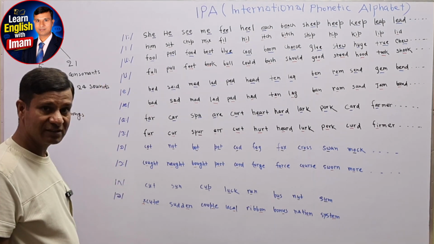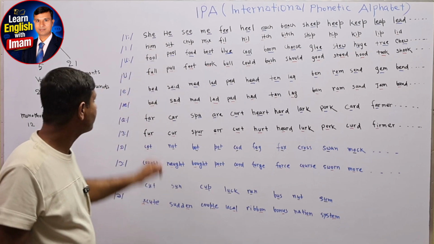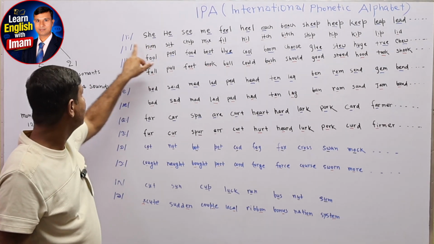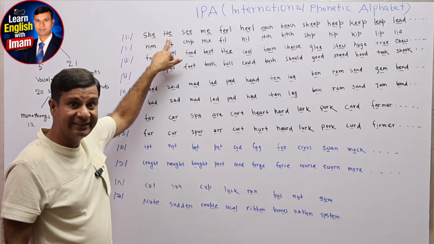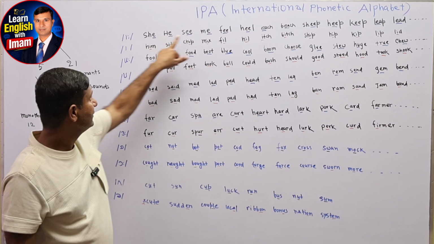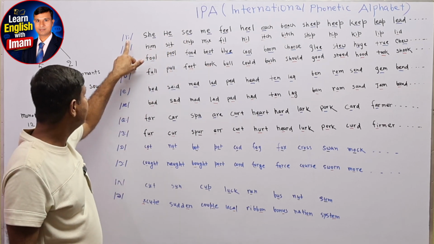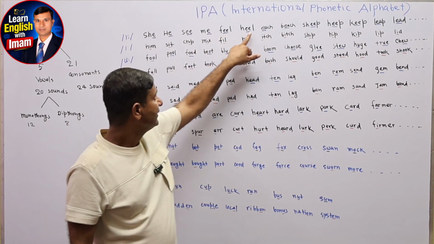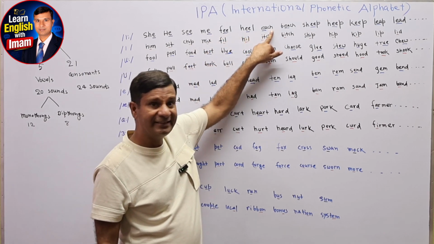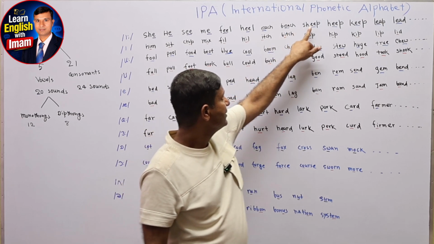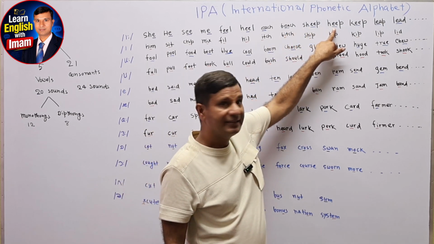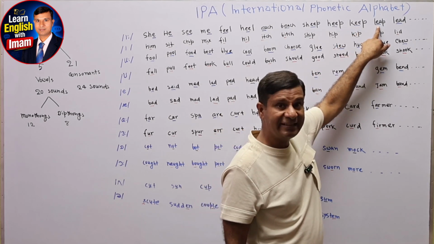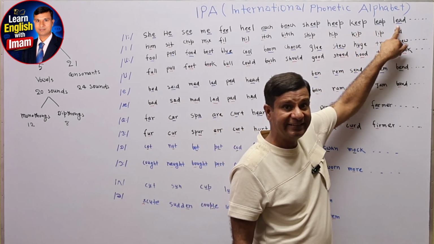Let's see all these sounds in words. I have written here the long E sound: he, me, feel, heal, each, beach, sheep, heap, keep, leap, lead.